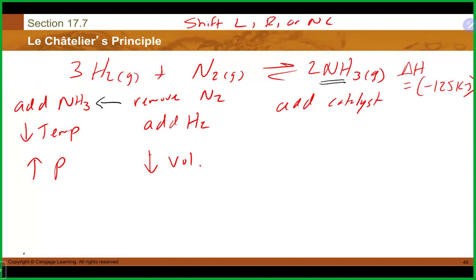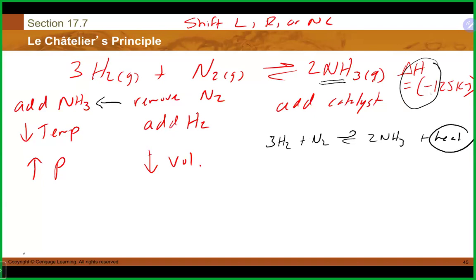We're going to decrease the temperature. When we're dealing with temperature, it does work the same way as concentration, but we do need to determine endothermic or exothermic. Here we do see a delta H value that's negative in this made-up one. Because of that, this would be an exothermic reaction, where if we were to put the heat or energy into the equation, it would serve as a product.